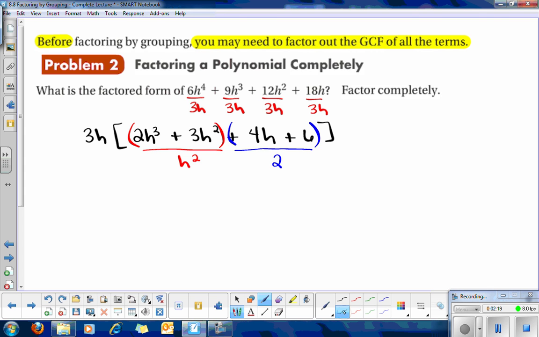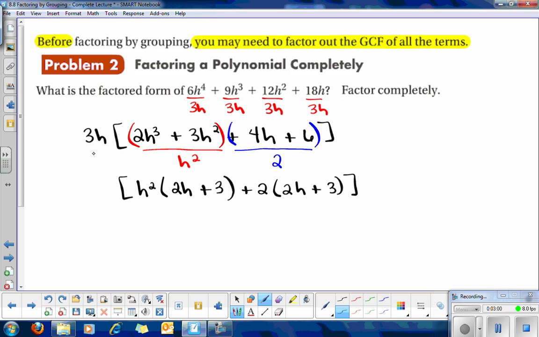So, for the first pair, we're going to put the h squared on the outside, and what's left in the parentheses is a 2h. And for the second term there, the h squared cancels, we get plus 3. And then for the second pair, we're factoring out a positive 2, so that's plus 2. And then we end up with 2h plus 3.